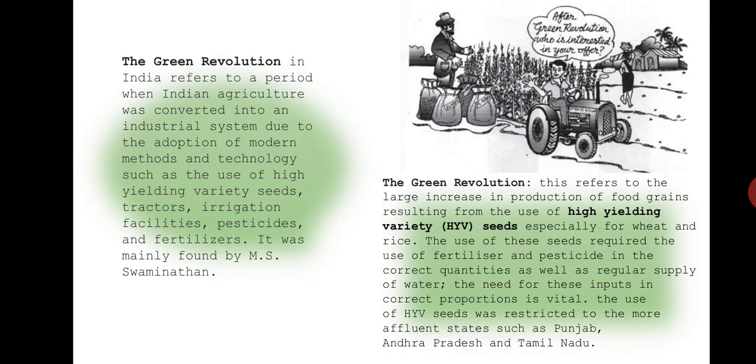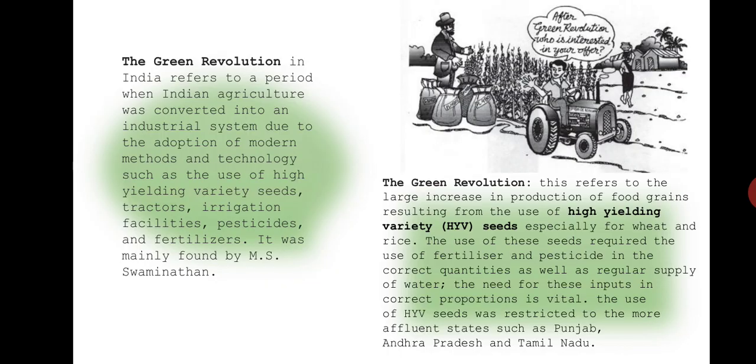In the green revolution program, certain steps were taken. One is use of HYV seeds, high yielding variety seeds, use of chemical fertilizers and pesticides, use of modern techniques like tractors and harvesters, and improved irrigation systems to increase production and productivity in Indian agriculture.